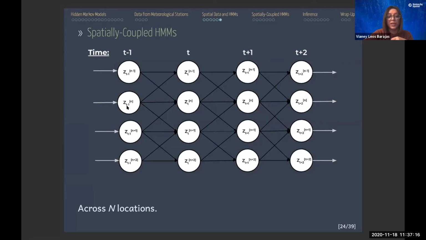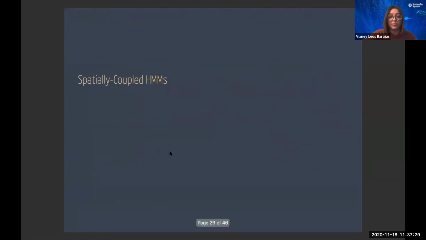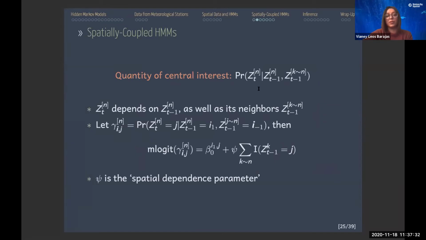So this location n at time t minus 1 will only affect a few of these state processes, but not all, right? So we don't have the arrows pointing to every other state process, which means that the quantity of central interest for a spatially coupled hidden Markov model is close to what a coupled hidden Markov model is, except now we only care about incorporating, as Mark said, the latent covariates that are neighbors of that location.